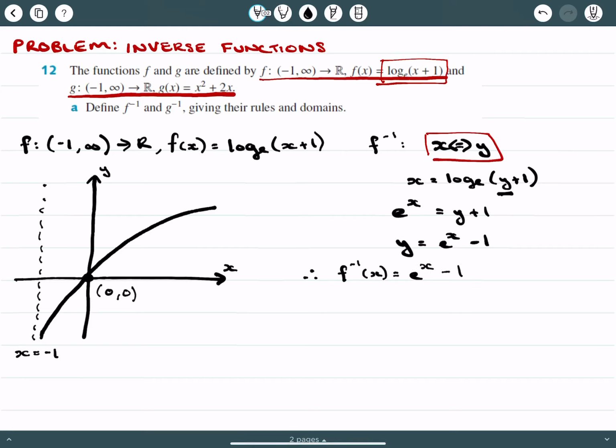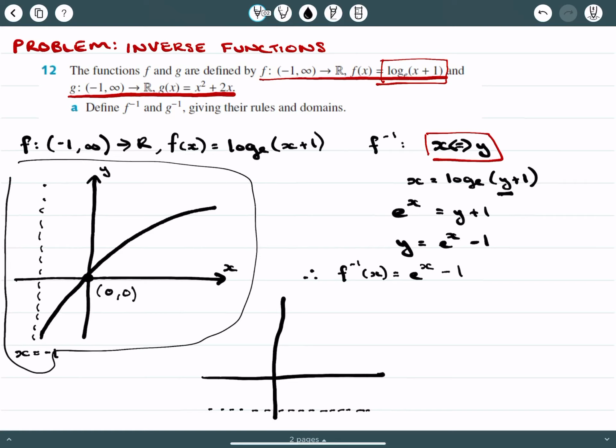I might also do a rough sketch of what this looks like. Because our x and y coordinates have been swapped, I refer back to the graph of the original function, and I swap everything that is x.